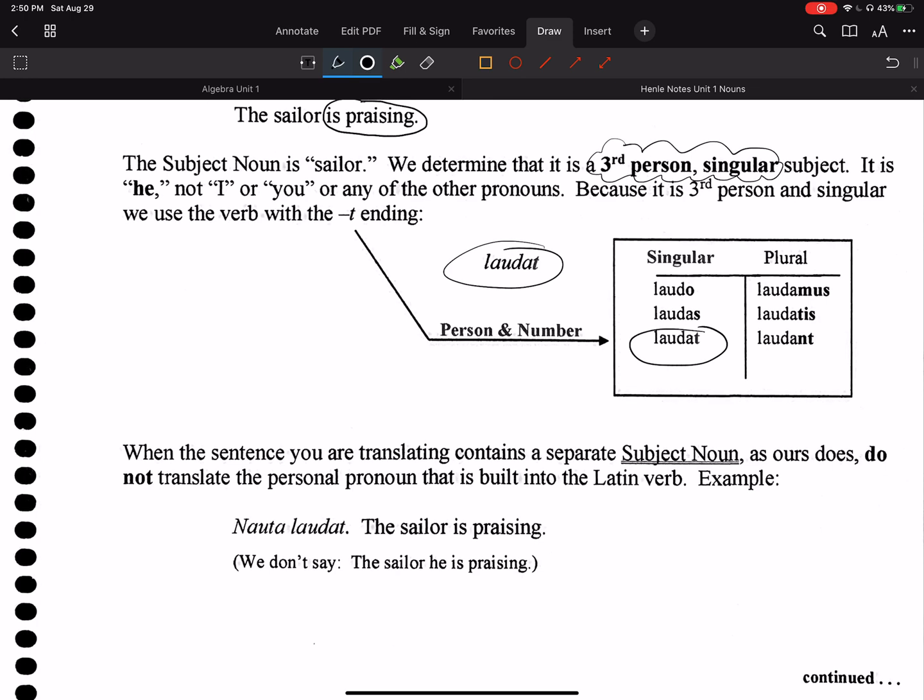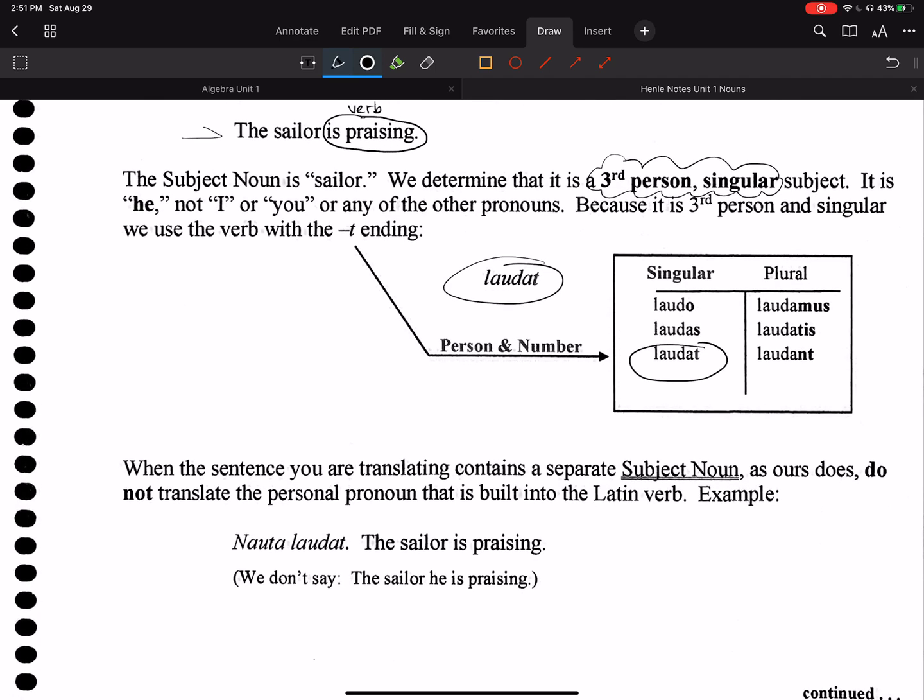So when the sentence you are translating contains a separate subject noun, as ours does up here, the sailor is praising, do not translate the personal pronoun that is built into the Latin verb. You don't need it. It's there for emergency cases when somebody has just forgotten to give you a subject.